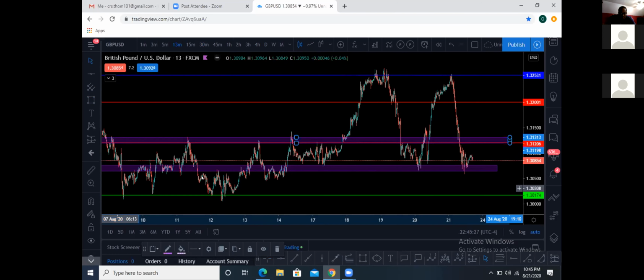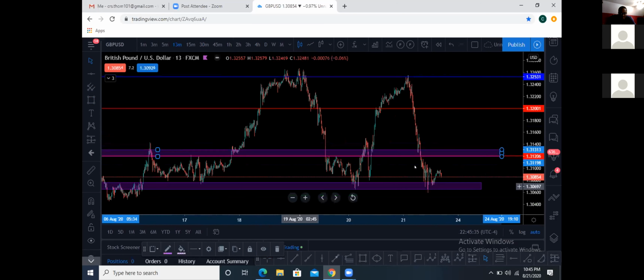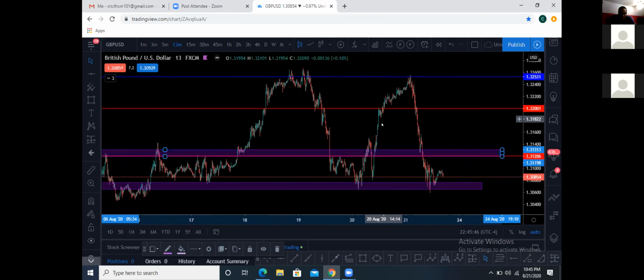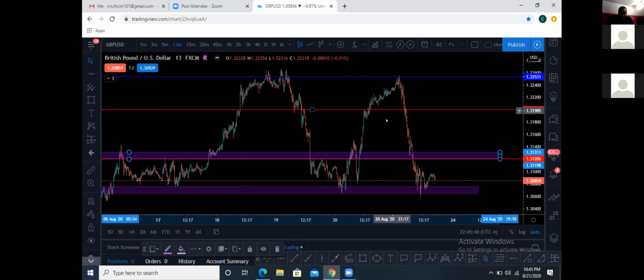But my purple is really identifying the 13-minute time frame. Ah, that's right. Yeah, because even though the red is representing the 1 hour and the green is representing 4 and the blue is daily, those are just reminders of the bigger look of the market.